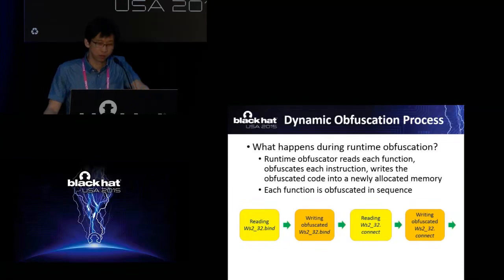The runtime obfuscator embedded in the binary itself reads each function, obfuscates each instruction, and writes the obfuscated code into newly allocated memory. And each function is obfuscated in sequence.